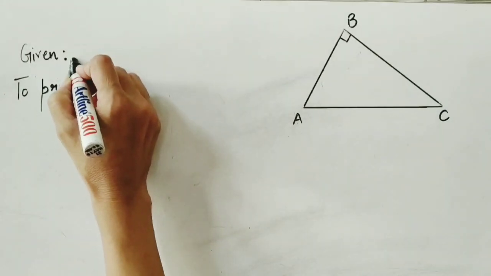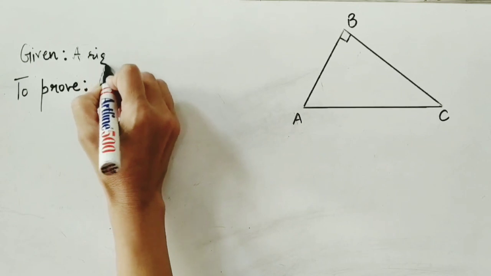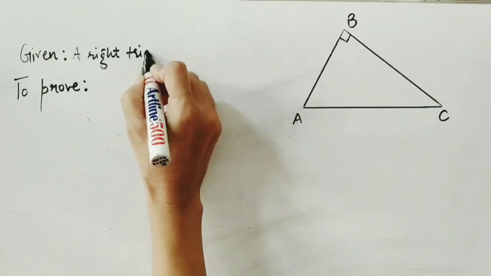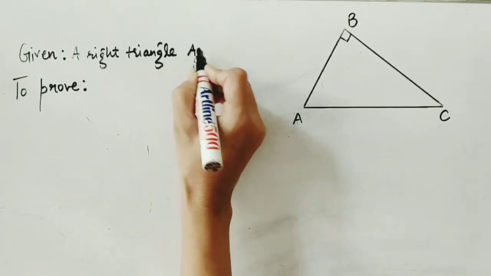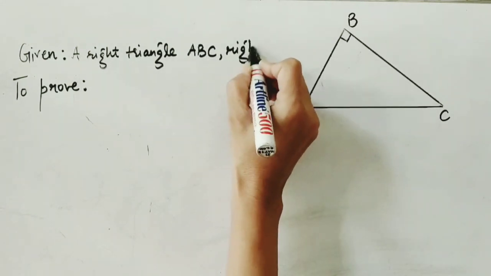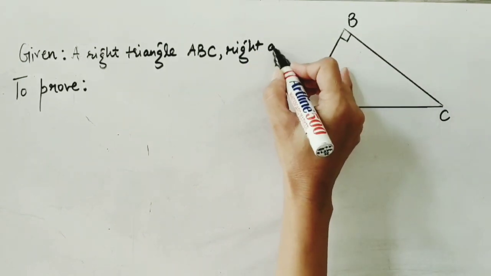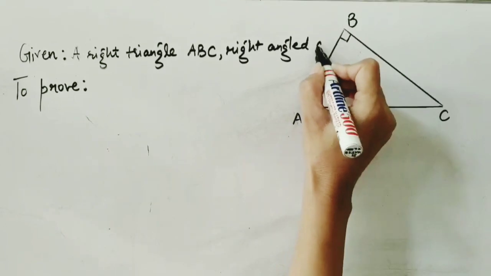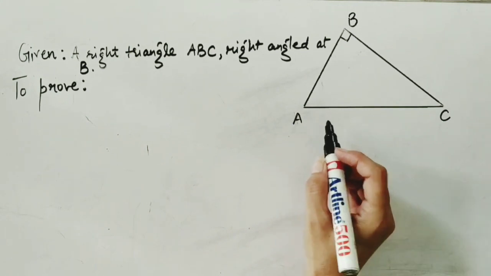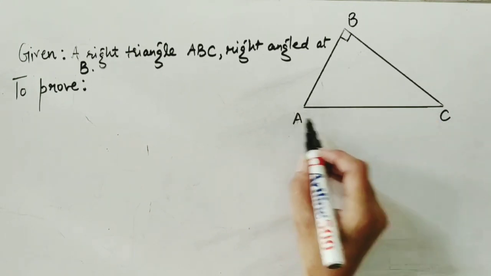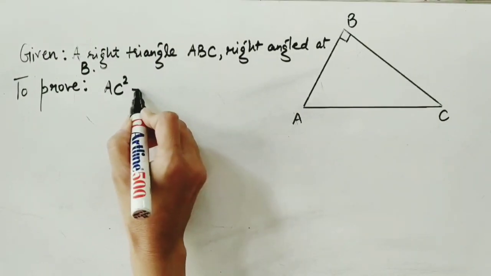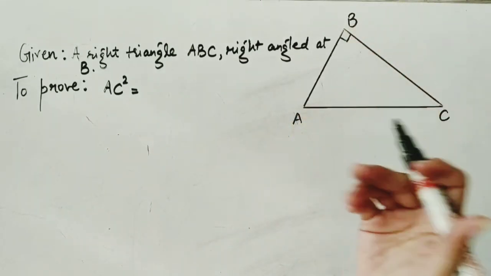So the given information is a right angled triangle ABC, right angled at B, and we need to prove that the square of the hypotenuse, AC square, is equal to the sum of squares of the other two sides.